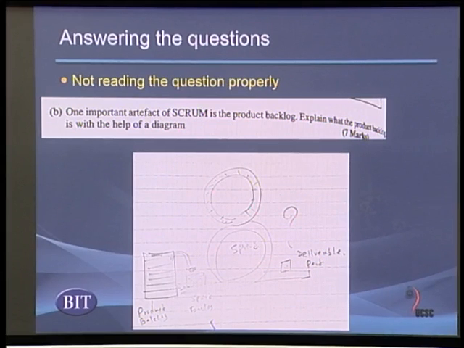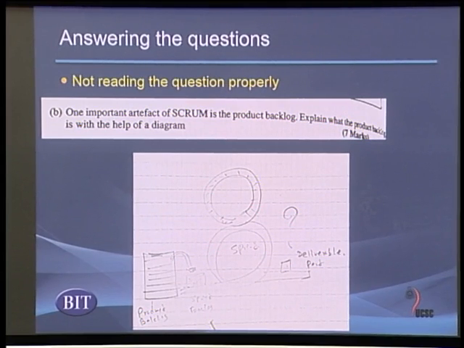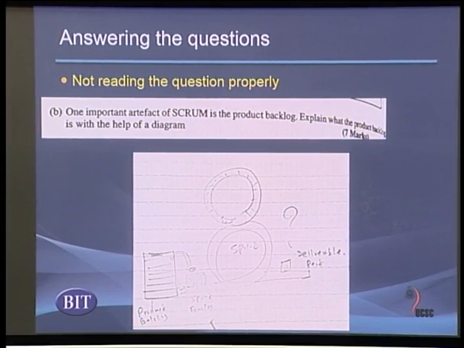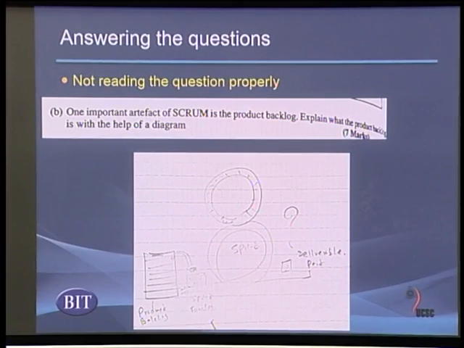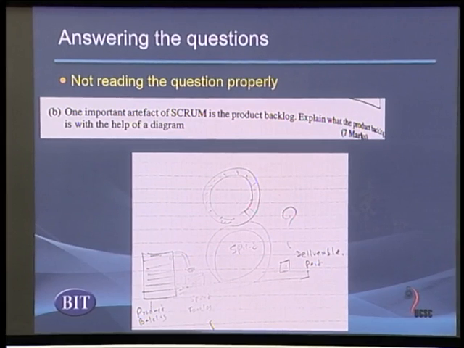This is a diagram of the whole Scrum life cycle, or how the product backlog is created. The question clearly says you have to explain with sentences what the product backlog is, and then use a diagram to support your answer, which the student has not done. So for this type of answer, you are not getting marks.